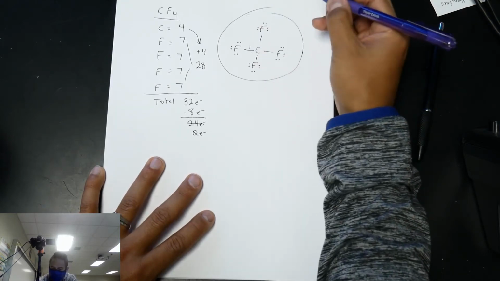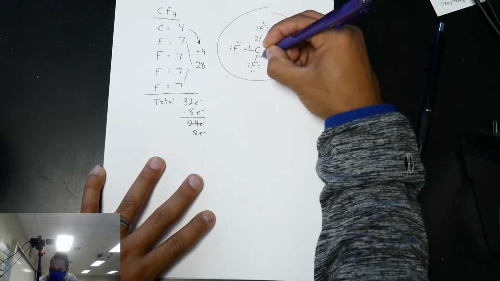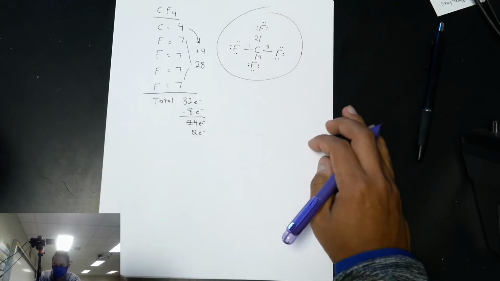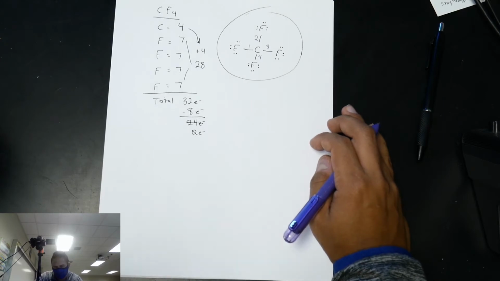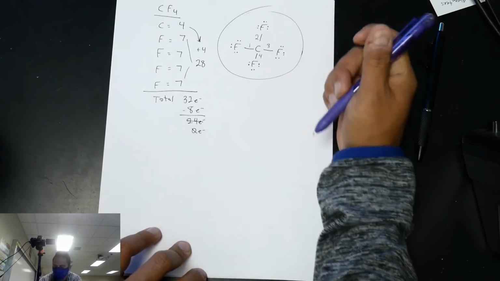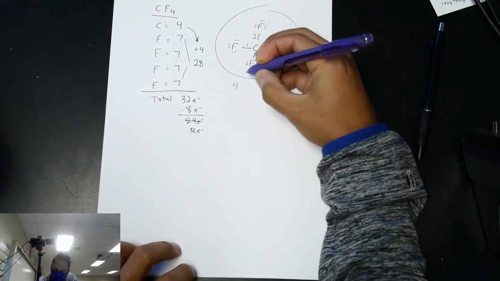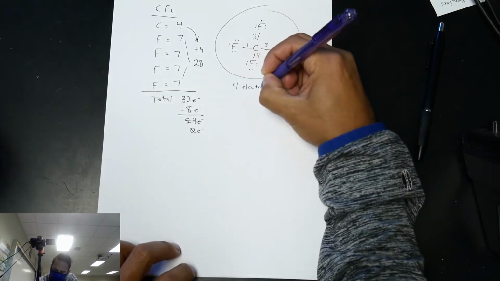So this single bond, that's 1. This single bond, that's 2. This single bond, that's 3. And this single bond, that's 4. So any single bond, double bond, or triple bond is 1 electron domain, and any lone pair on the central atom is an electron domain. Now we don't have any lone pairs on this carbon, so the number of electron domains we have in this case is 4.